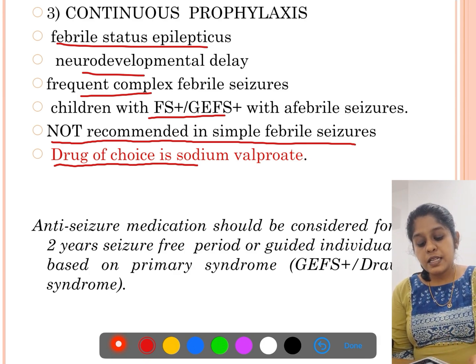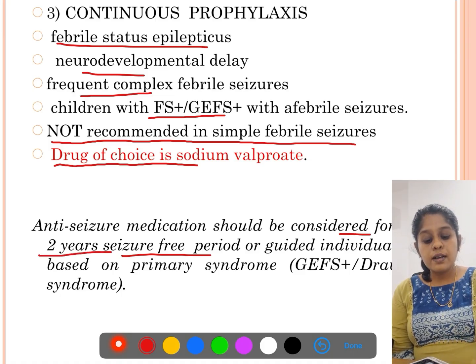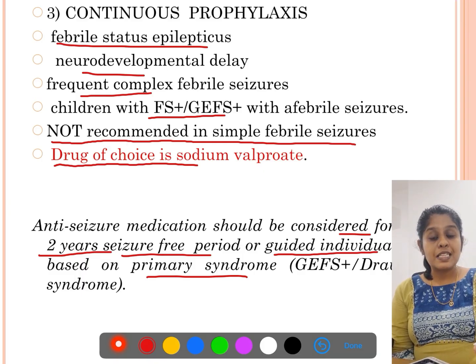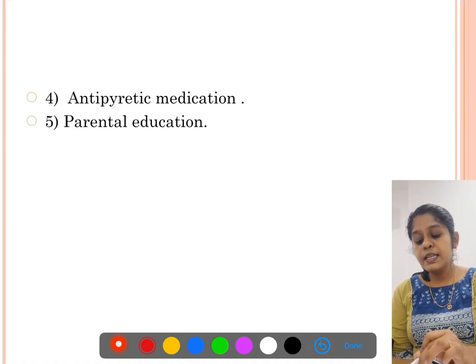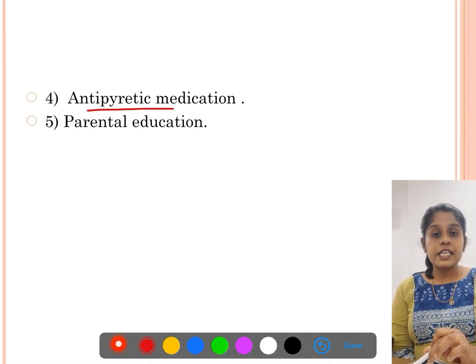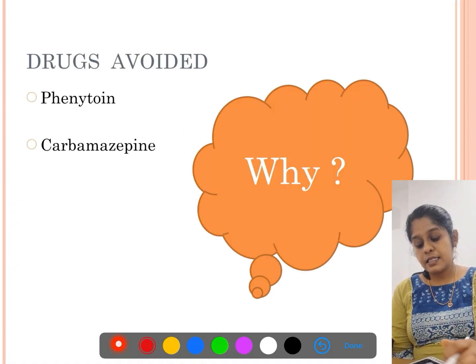Anti-seizure medication should be considered for a period of 2 years of seizure-free period, or guided individually based on the primary syndrome. So based on whether it is Dravet or GEFS plus, based on that clinical syndrome, we have to decide the duration of the anti-seizure medication. Otherwise we can give antipyretic medication, and we have to educate the parent regarding the recurrence risk.